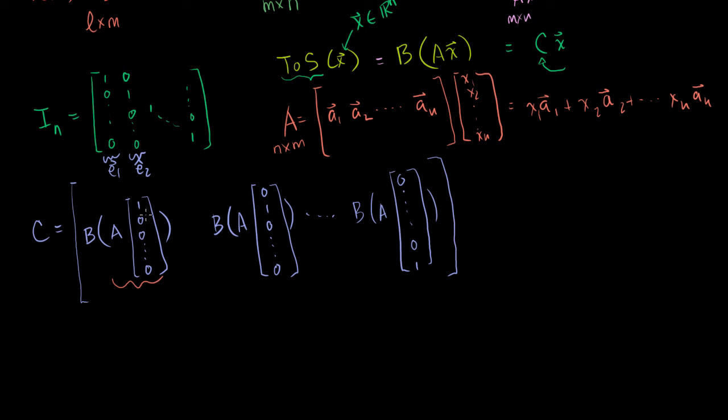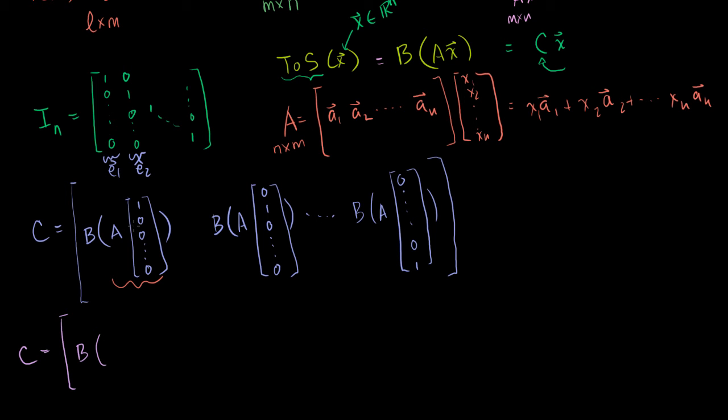So given that, what is this going to reduce to? This is going to be a1 times the first entry x1 plus a2 times the second entry plus a3 times the third entry. But all of these other entries are 0. The x2s all the way to the xn are 0. So you're only going to end up with 1 times the first column in A. So C will be equal to, the first column is going to be B times A times this E1 vector, the standard basis vector.